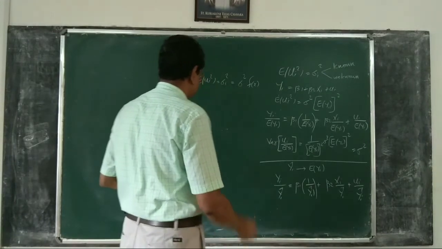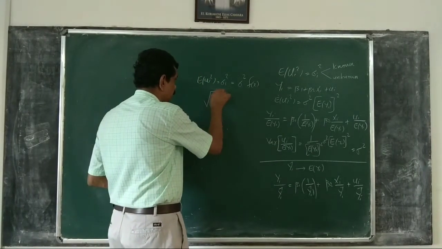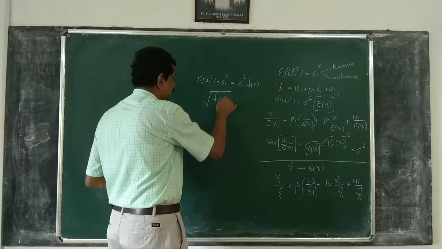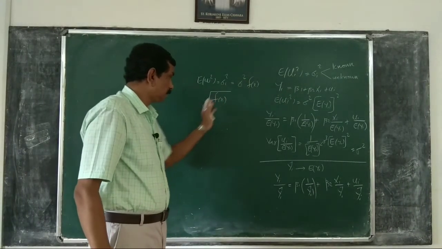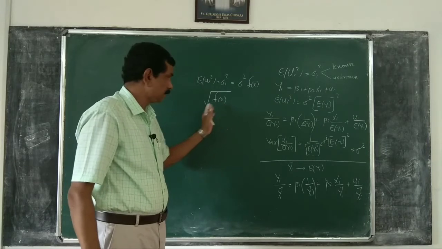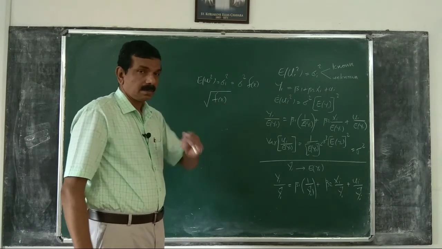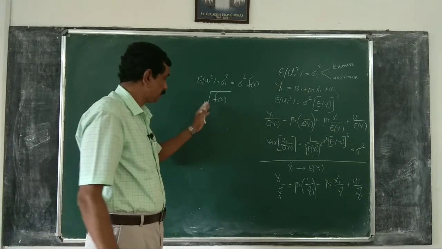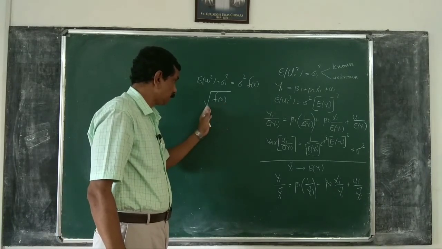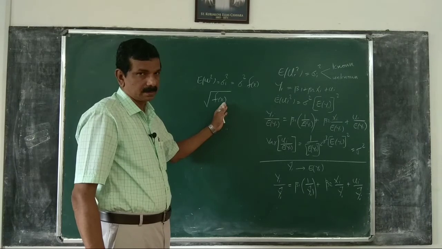Then the solution is to divide the model by the root of f(x). If it is sigma square x square, divide by root of x square, that is x. If it is sigma square x, divide by the root of x, like that.